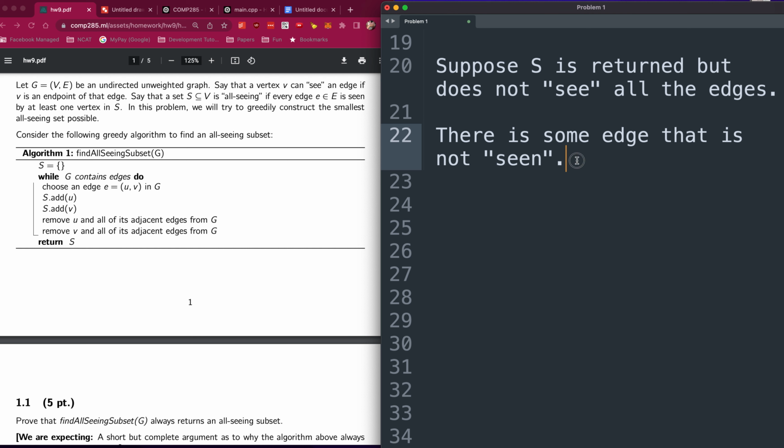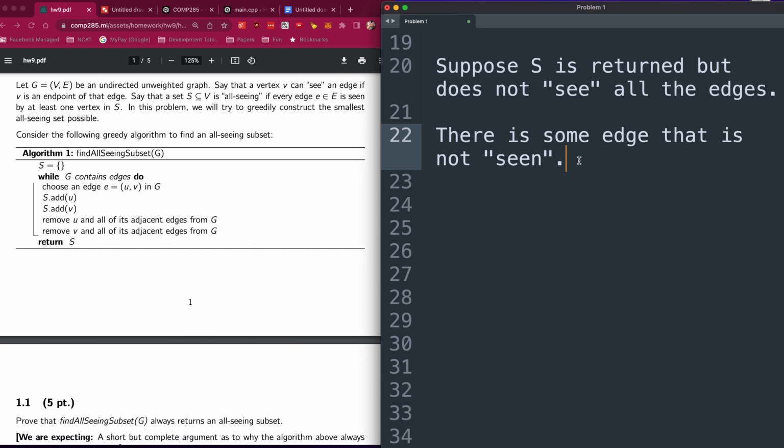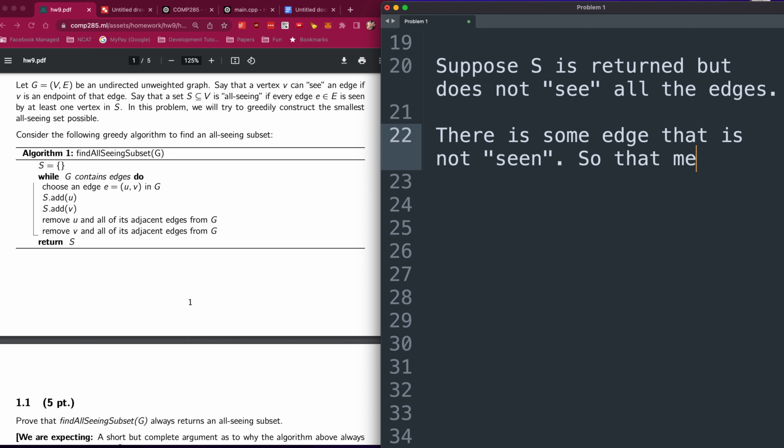Now, an edge can only be not seen if both vertices are not in S. So, let's call the edge UV.